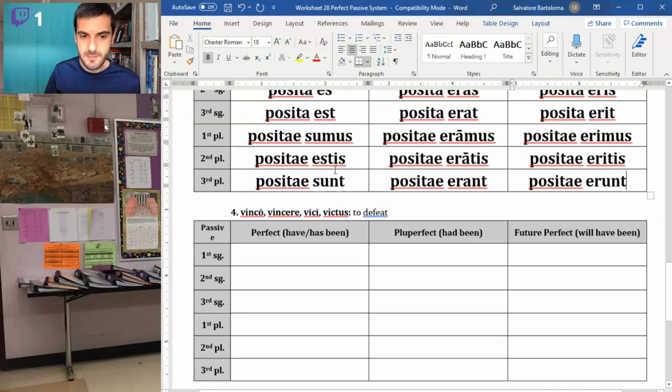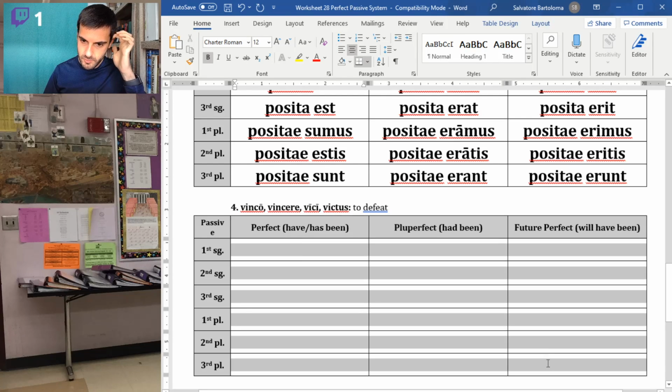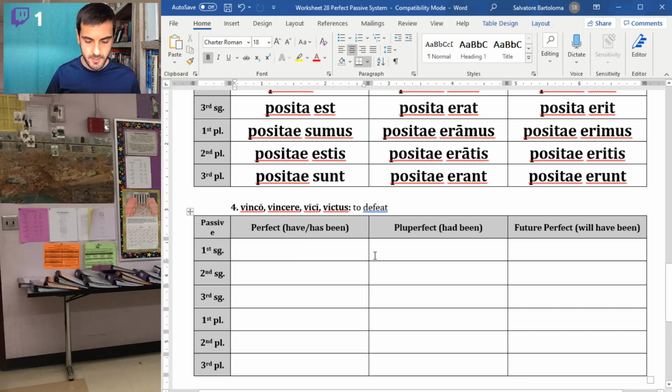Last one is vinco, to defeat, to conquer. So we're going to do this one neuter, just to practice. So we've got victum this time. Victum. Oh, and it's going to autocorrect me every time, isn't it? That's going to be a real bummer. Victum sum.